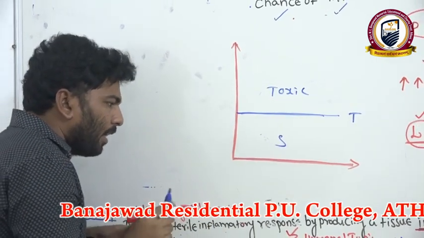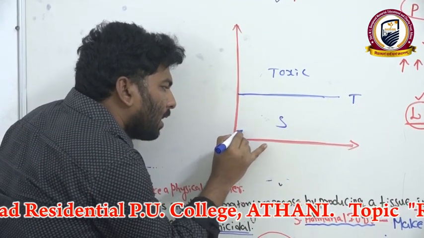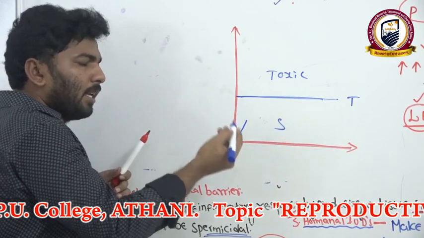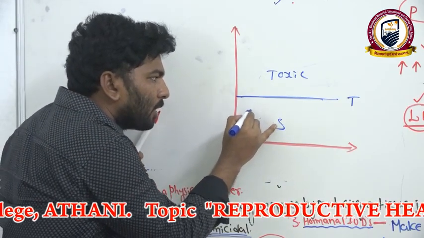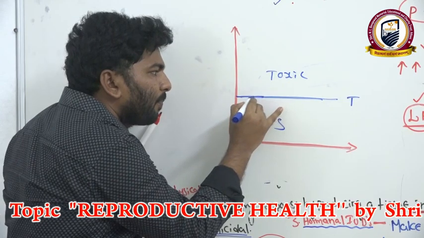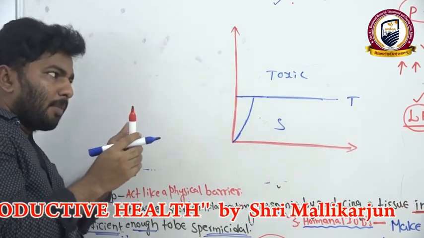If you take some amount of the tablet on the first day, the graph rises like this and may reach up to the subtherapeutic level. If you take it the next day, the hormone may reach the therapeutic level and maintain the therapeutic activity. Then obviously it works on the body and prevents pregnancy.